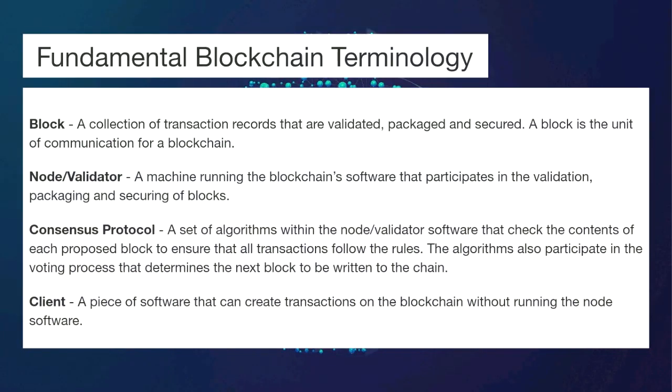We talked about nodes and the software that enables nodes to participate in the validation of transactions. We talked about consensus protocols and how consensus protocols essentially act as a set of rules that help nodes validate transactions and produce new blocks.